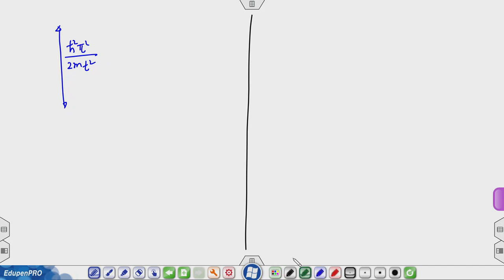The other energy scale was h cross square pi square over 2 m w square, and the third one of course was these continuous levels.